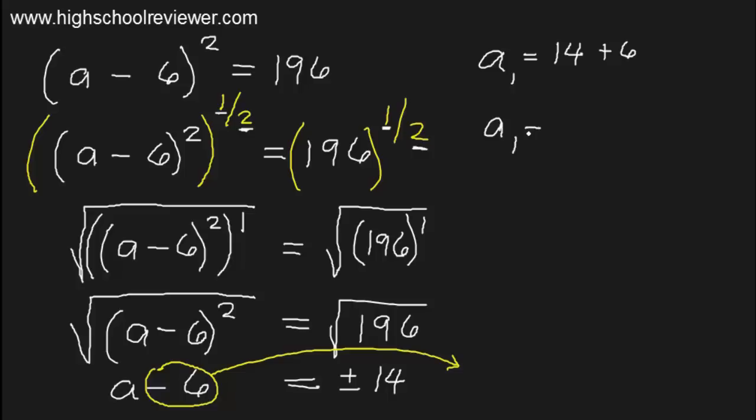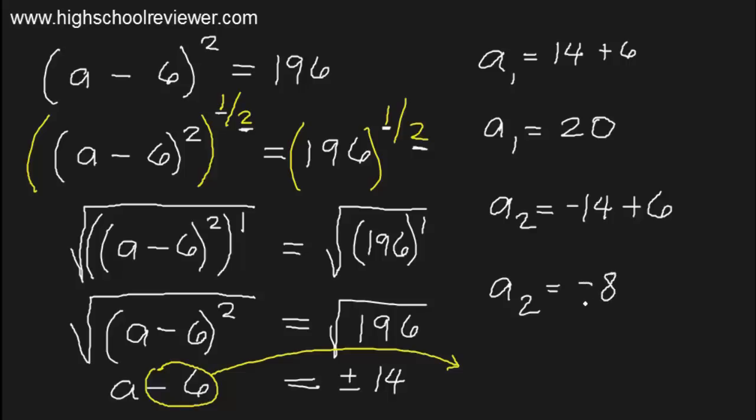So our a sub 1 will be positive 20. Our a sub 2 will be negative 14, and then we will have positive 6. So our a sub 2 will be equal to negative 14 plus 6. This will give us negative 8. So positive 20 and negative 8.